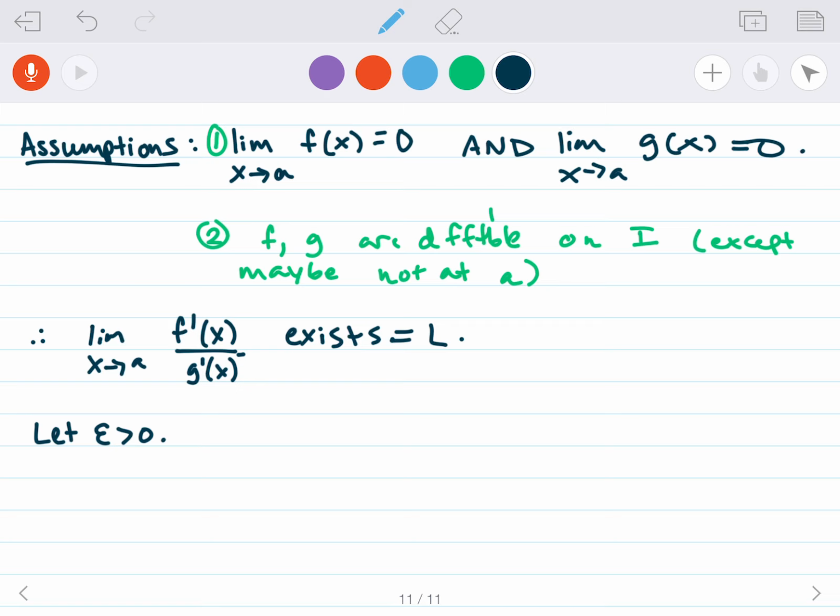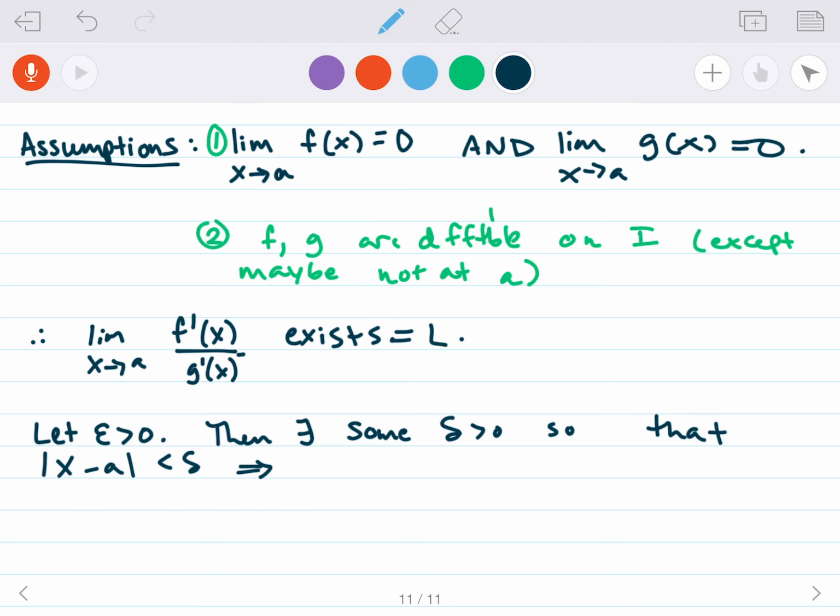That means that there exists some delta neighborhood, so that when x is in this delta neighborhood, our function is in that epsilon neighborhood. But I'm not going to say epsilon, and you'll see why towards the end of the proof. I'm going to say epsilon over 2, okay?